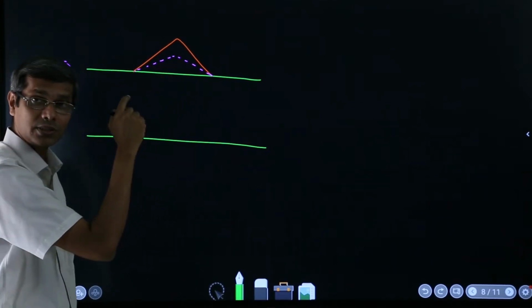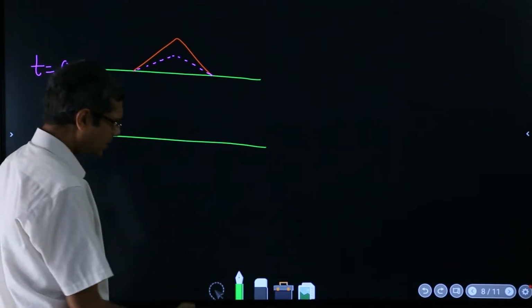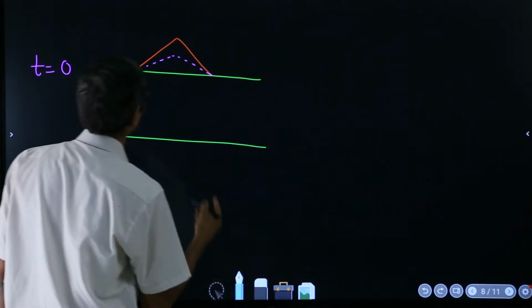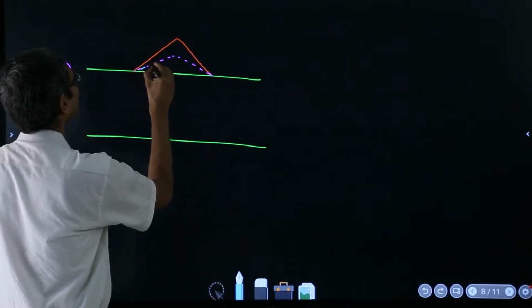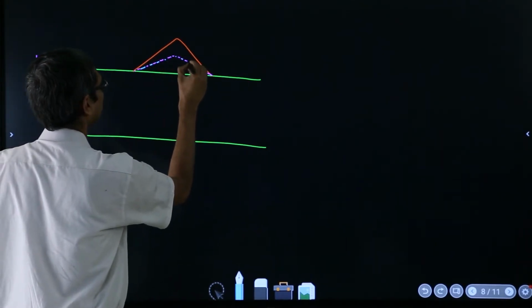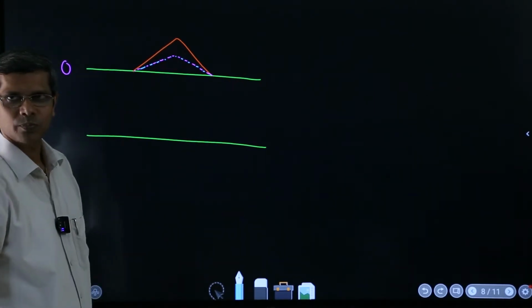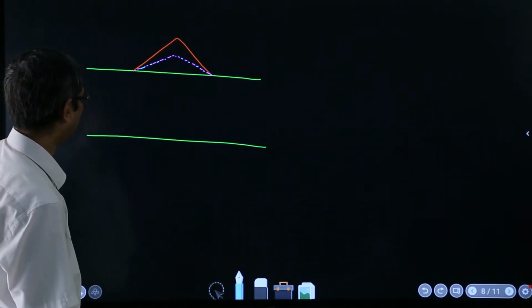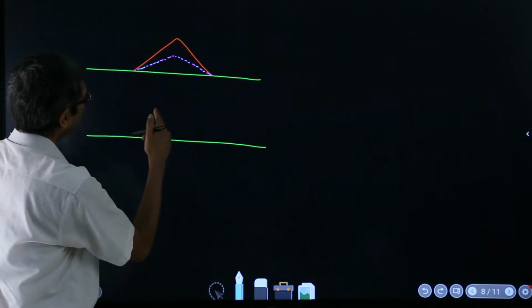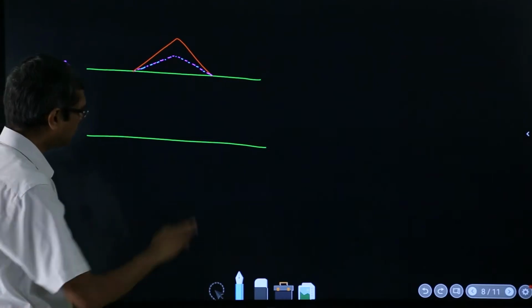So now you just think that there are two waves sitting here. Let me also draw that. One is purple, the other one is blue. So there are two waves sitting there, half weighted.